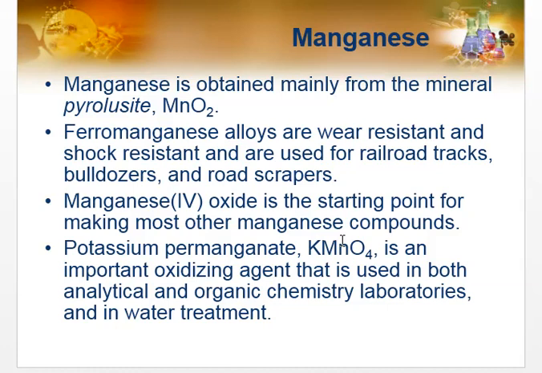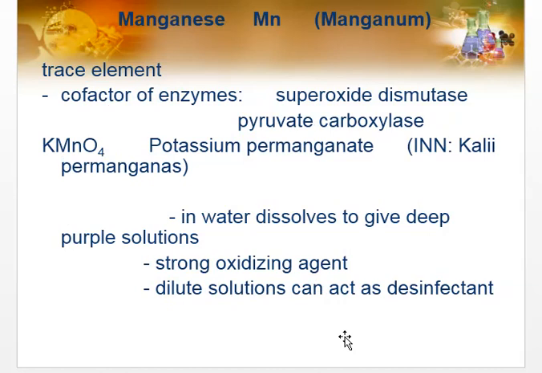Potassium permanganate is an important oxidizing agent that is used in both analytical and organic chemistry laboratories and in water treatment. You can use potassium permanganate, this compound of manganese. Manganese, you know, is a trace element, a cofactor of enzymes, superoxide dismutase, pyruvate carboxylase.